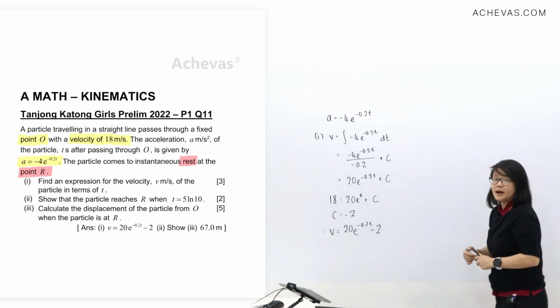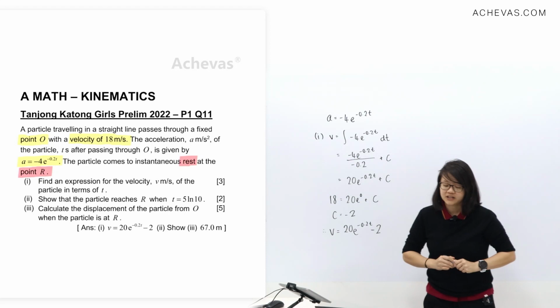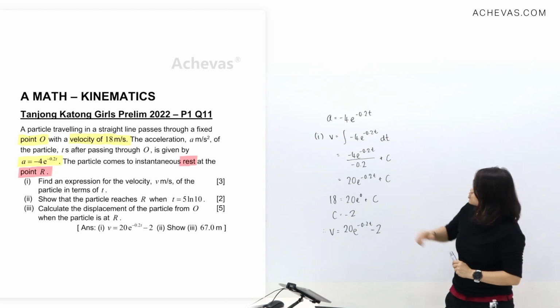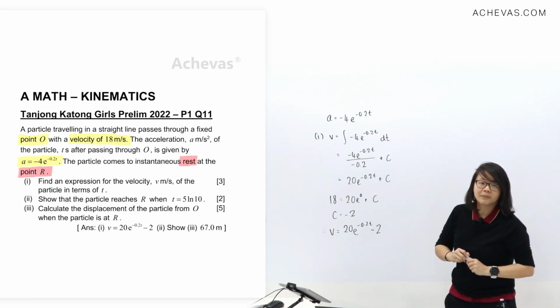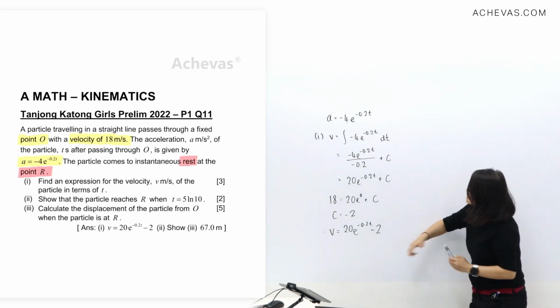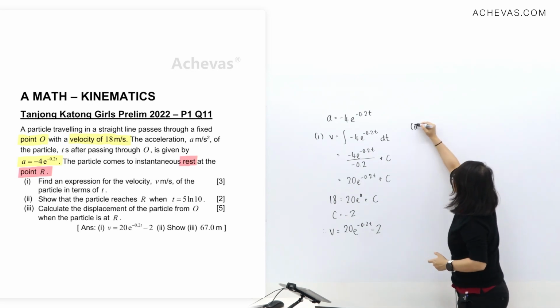Okay, so we have done part 1 of the question. Part 2, show that the particle reaches R when t equals to 5 ln 10. I have also highlighted that at point R, the particle will be at rest. So we're going to take the velocity answer over here to do our part 2.